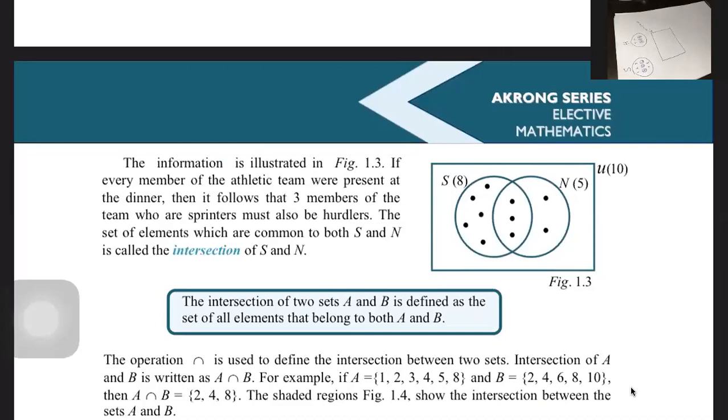Once they all belong in the set, then it is part of the universal set. There are some people who even belong to a team, but they don't play any role. So let's say you are in a team. Some people are sprinters, others are hurdlers. There are still people in the team who are neither sprinters nor hurdlers, but still they are part of the team.